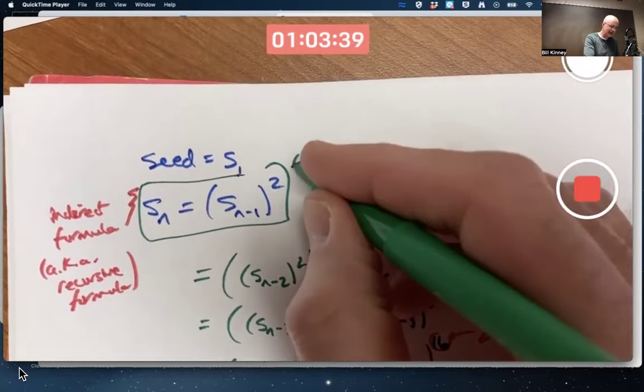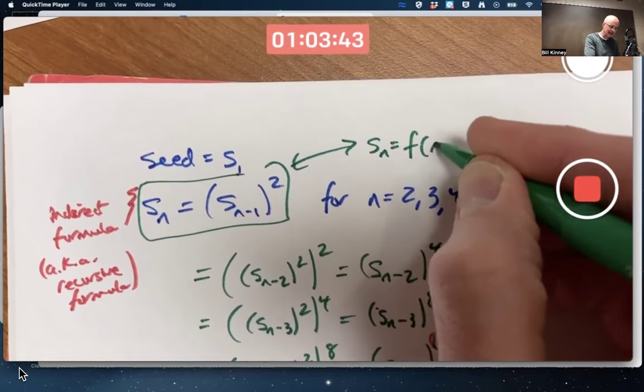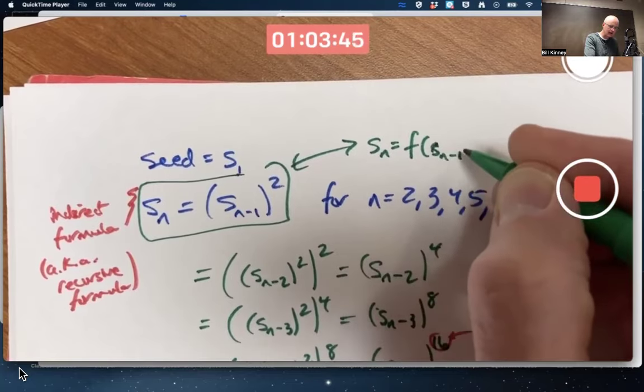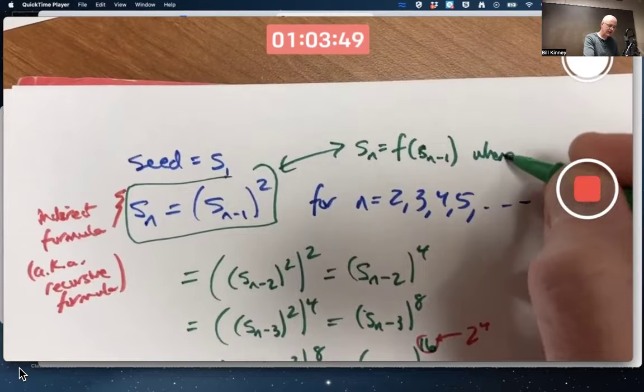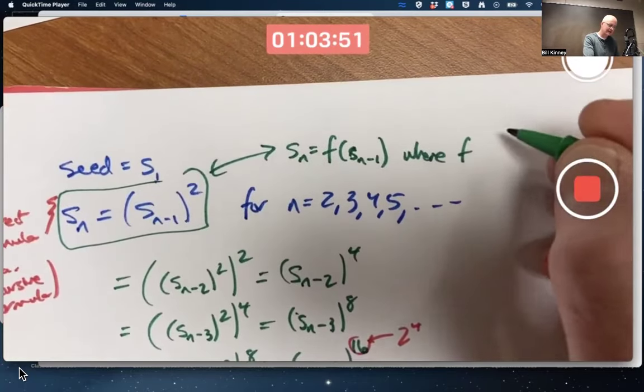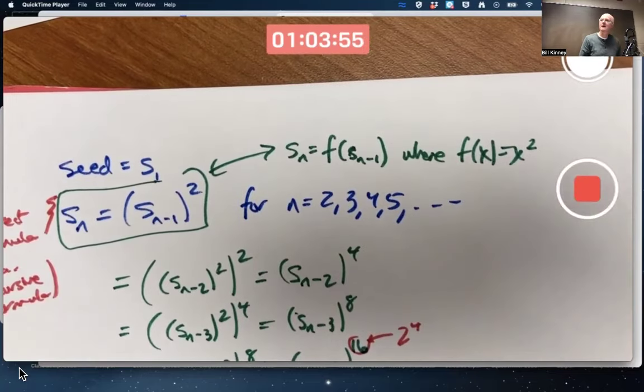We could think of this as Sn equals some function of Sn minus 1, f of Sn minus 1, where the function f, as a function of x, say, is x squared, because we keep squaring.